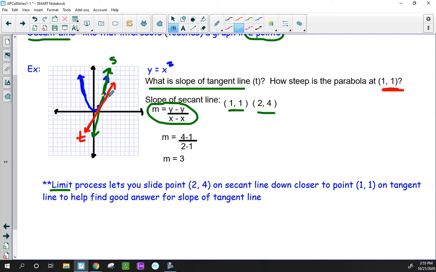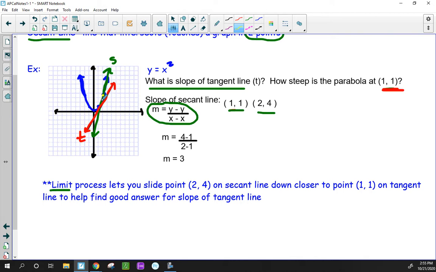So let me say that again. You're taking a line that you know two points for, and you're finding its slope like you have been used to in the past using the slope formula from algebra. But when you're given a line and you only know one location on it, you're going to take one of the points on the secant line and imagine sliding that point down.